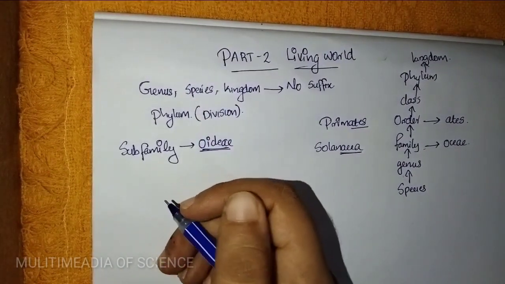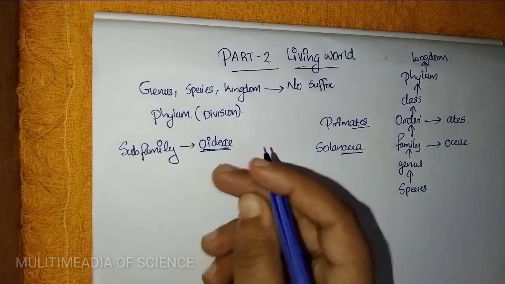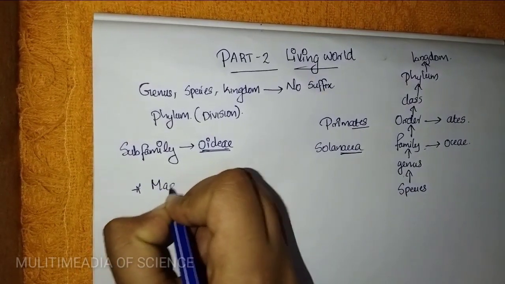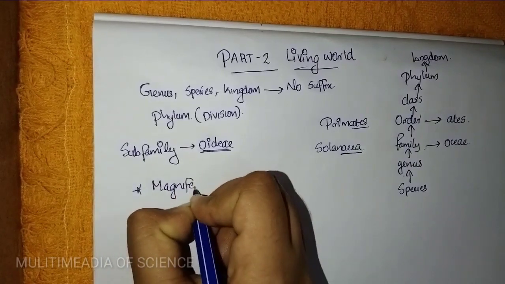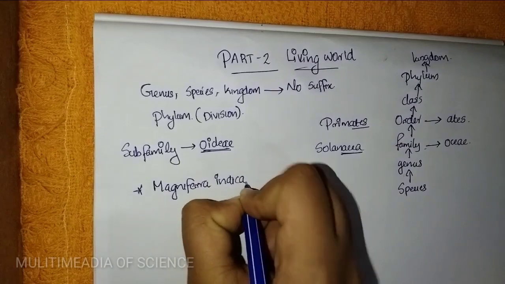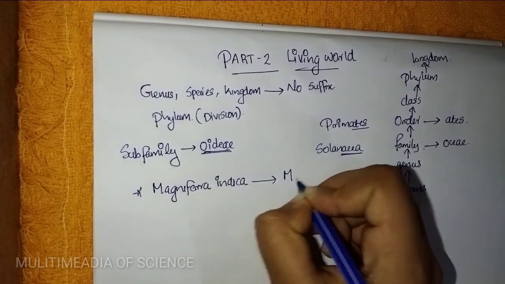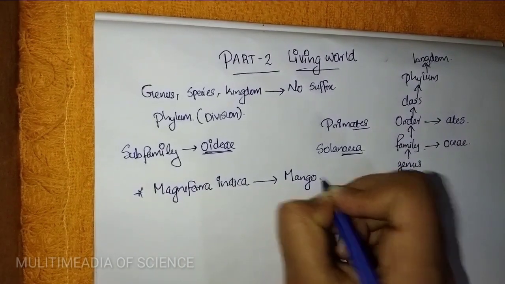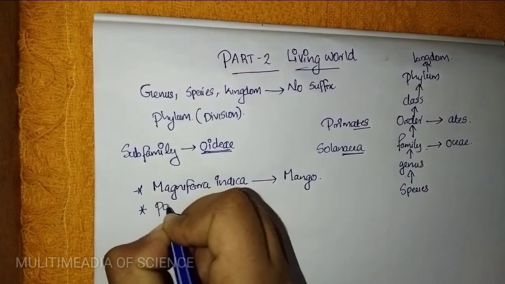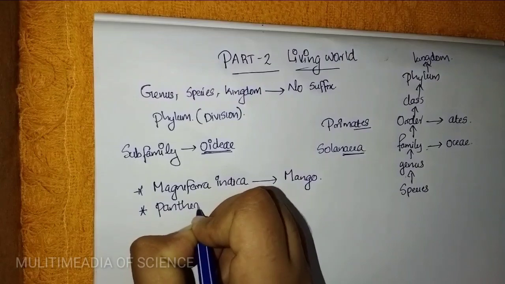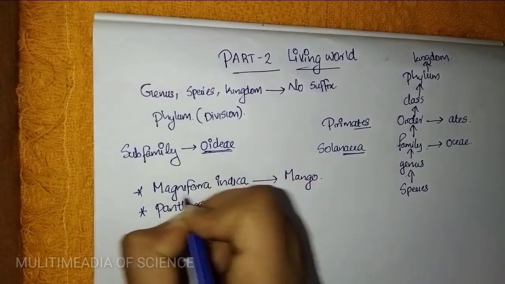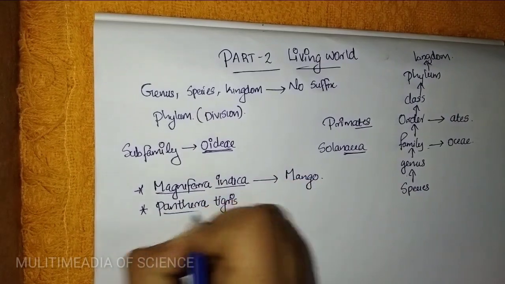Then we are dealing with some scientific names. I already discussed one scientific name, Mangifera indica. It is the scientific name of mango. Next is Panthera tigris, which should be underlined.